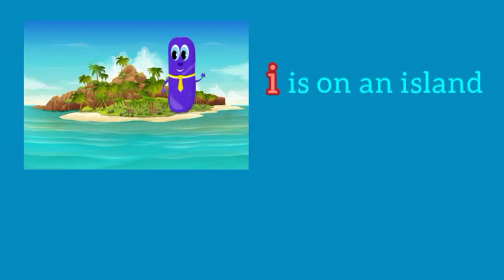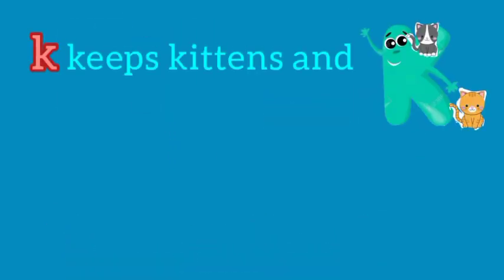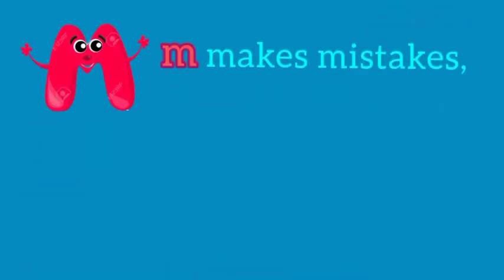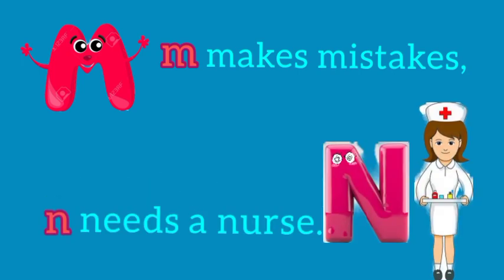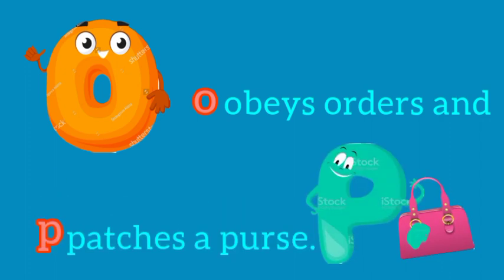I is on an island, J jumps and jogs, K keeps kittens and L lifts logs. M makes mistakes and needs a nurse, O obeys orders and P patches a purse.